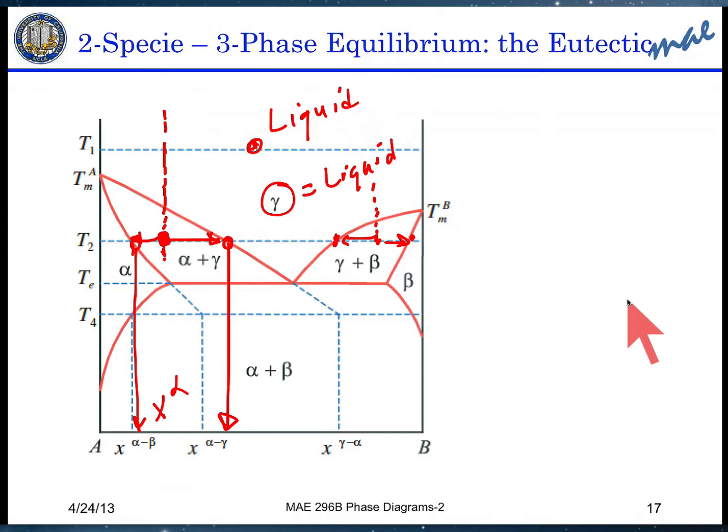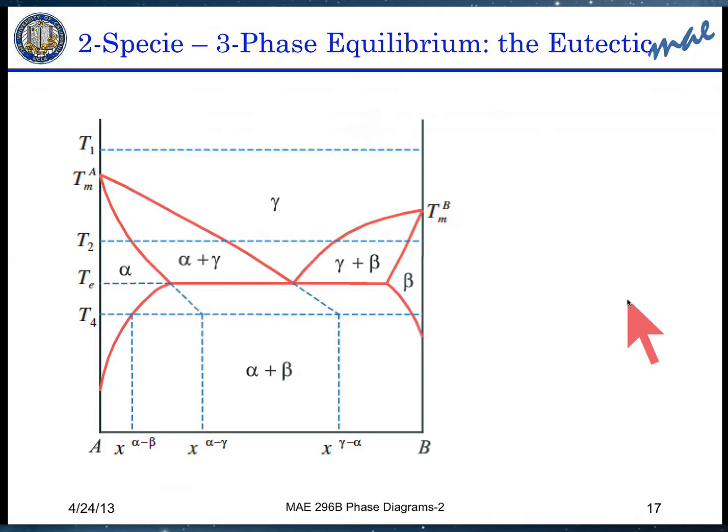So let's say for some reason I have a situation where the alloy has a composition that goes right into here. The initial point is right here and the final point is right there, and I'm decreasing the temperature. When I hit this particular value of the temperature, T eutectic, I'll have three phases.